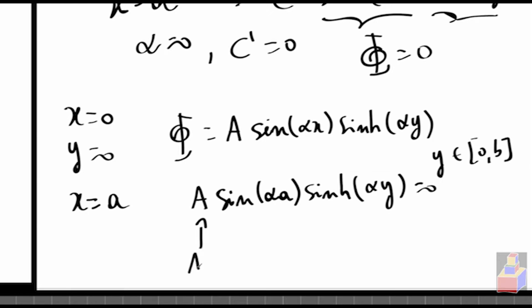A equals 0, which is going to kill the function. We don't want to do that. The other possibility is sine of alpha a equals 0, right? Now in this case, I can have this equal 0 without killing the whole function. It's sufficient to do alpha a equals a multiple of pi, m pi.